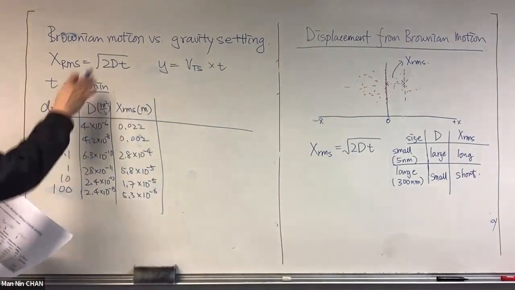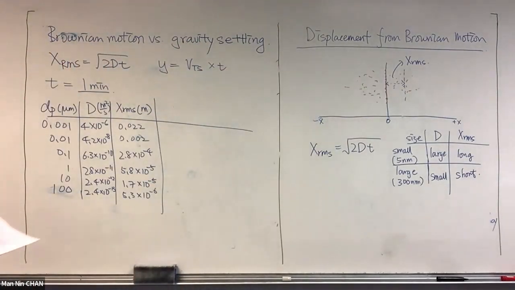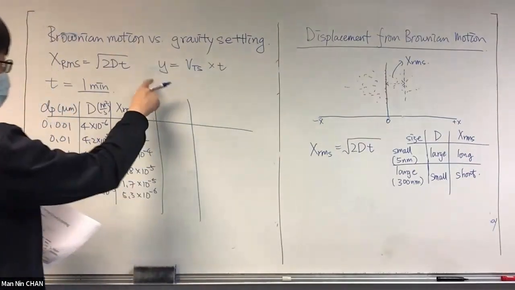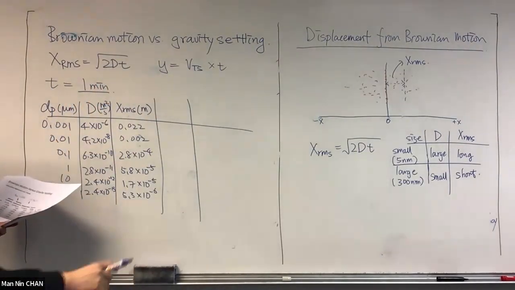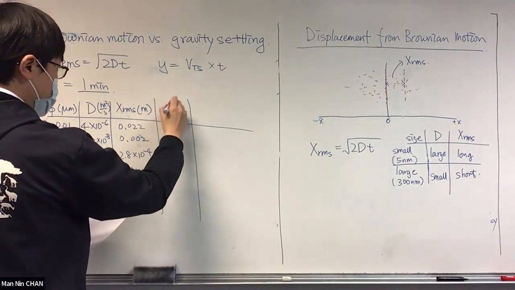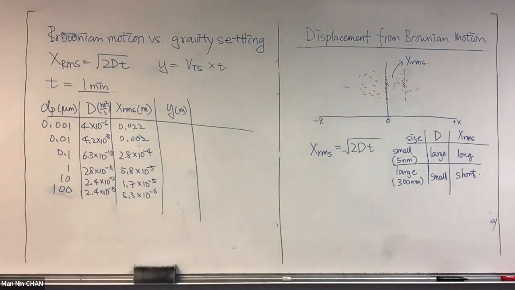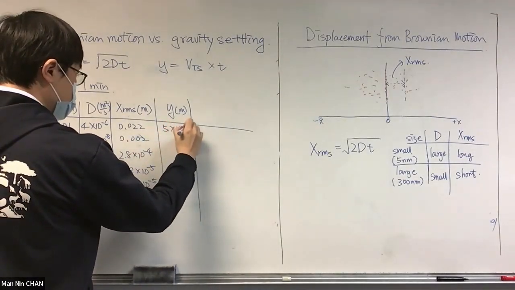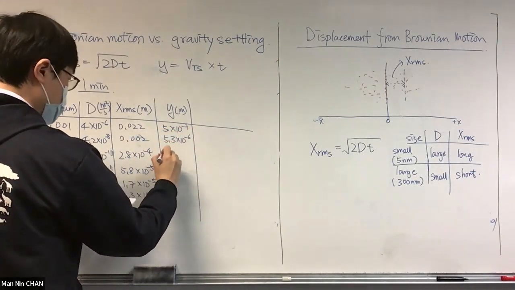So now that is the Brownian motion, and we can look at the gravity settling. You can calculate your settling velocity for different sizes, and I just multiply by the time to get the distance they travel or settle. Again, don't worry too much about the exact number.